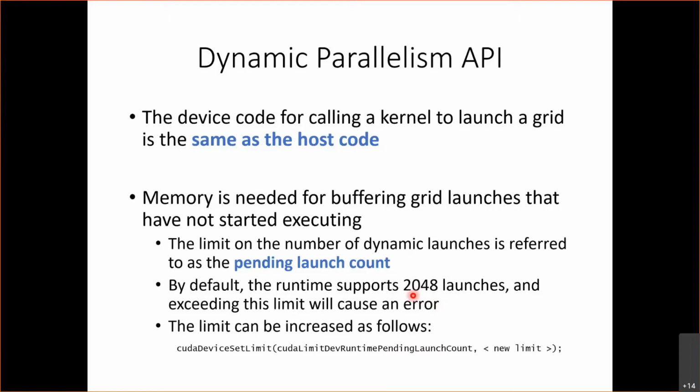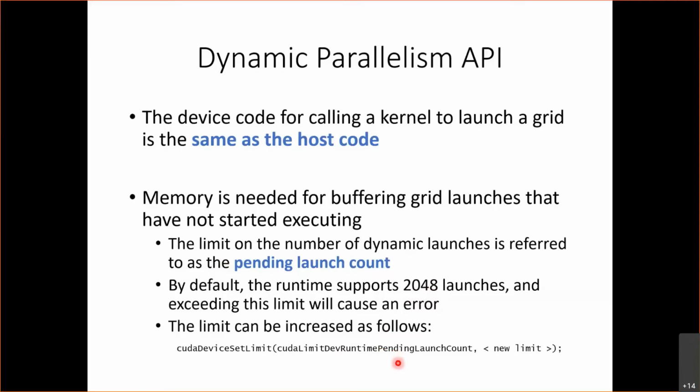No, it's total. So if I have 2,048 threads, each one of them does a launch, I filled up the memory. So I can increase it if I need to do more than that. Or later on in the lecture we'll see that we should probably not do more than that. We should probably reduce the number of launches if we're doing this many launches.